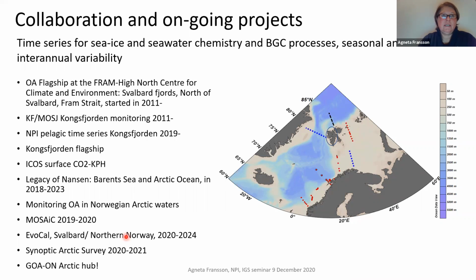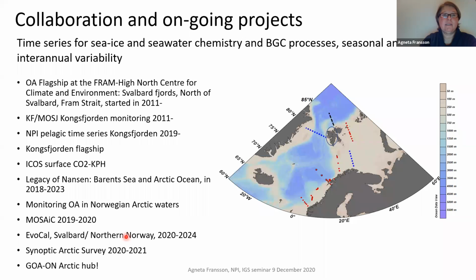And we have the Ocean Acidification Flagship at the Fram High North Center for Climate and Environment in Norway, where we study the fjords around Svalbard and in Fram Strait, started in 2011. And we have monitoring in Kongsfjorden and pelagic time series in Kongsfjorden started last year, and the Kongsfjorden Flagship, where several scientists collaborate working in Kongsfjorden, and ICOS for the CO2 in surface water.